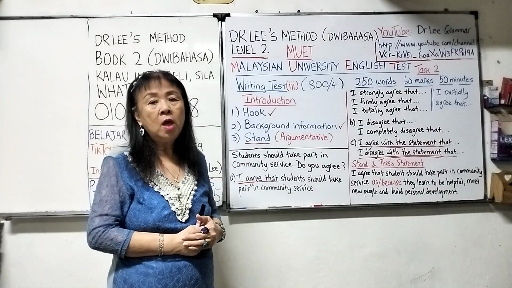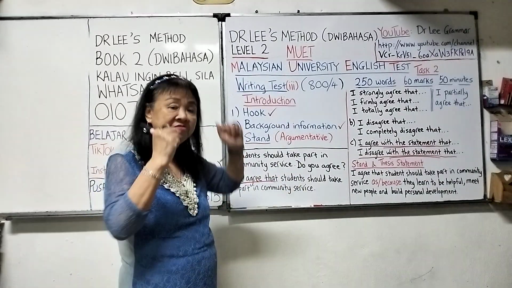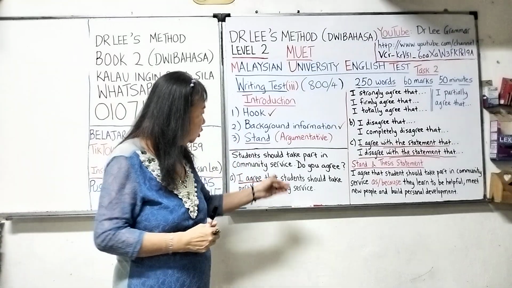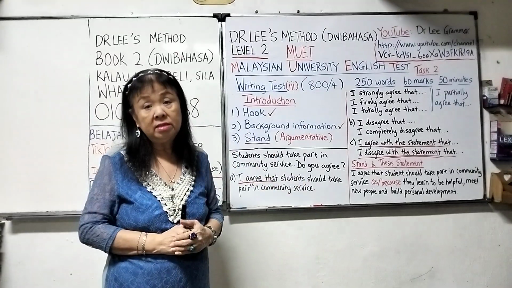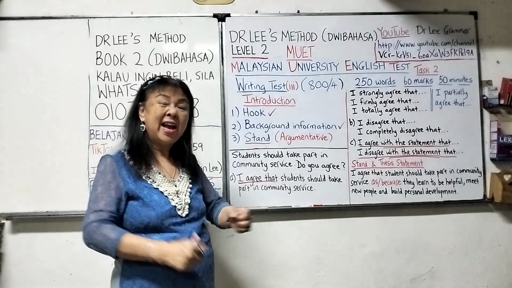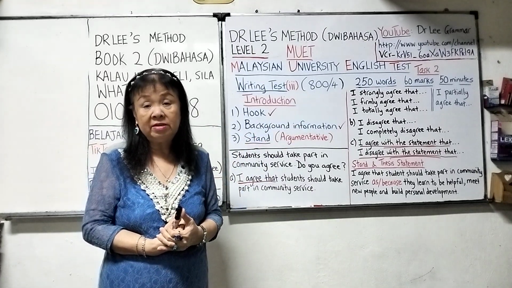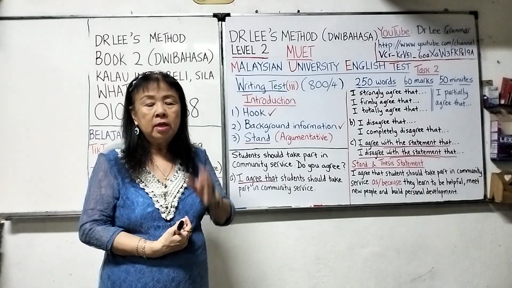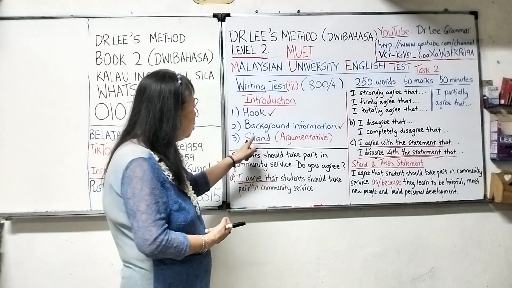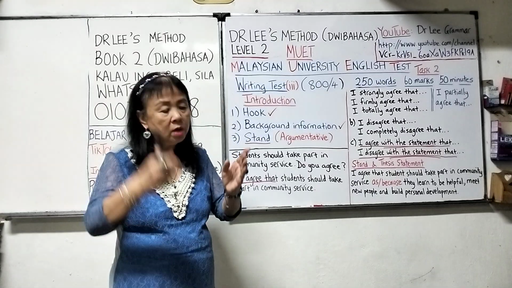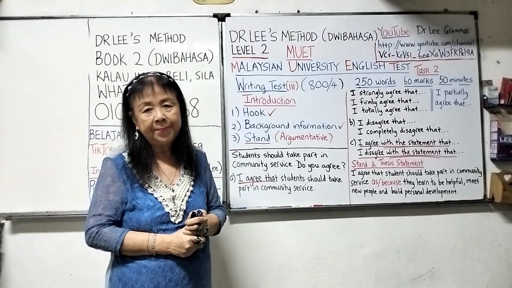Or you can say, I firmly agree that students should take part in community service. Or I totally agree that students should take part in community service. It's okay. The main point is you must have a stand. You must tell us you agree or you disagree.